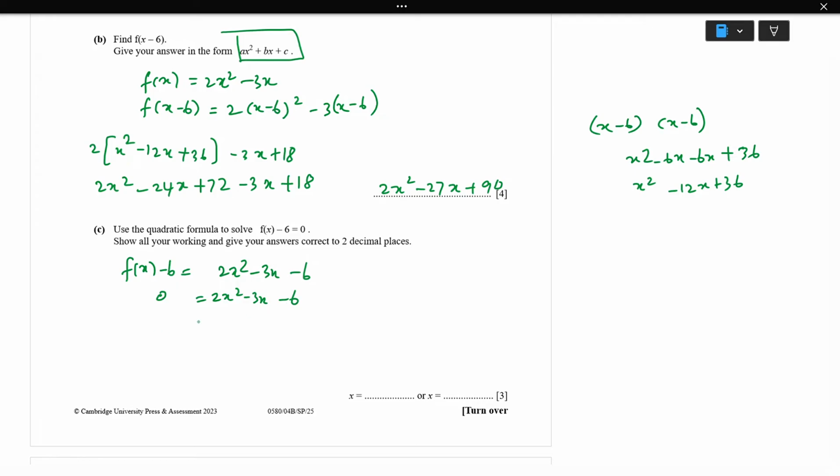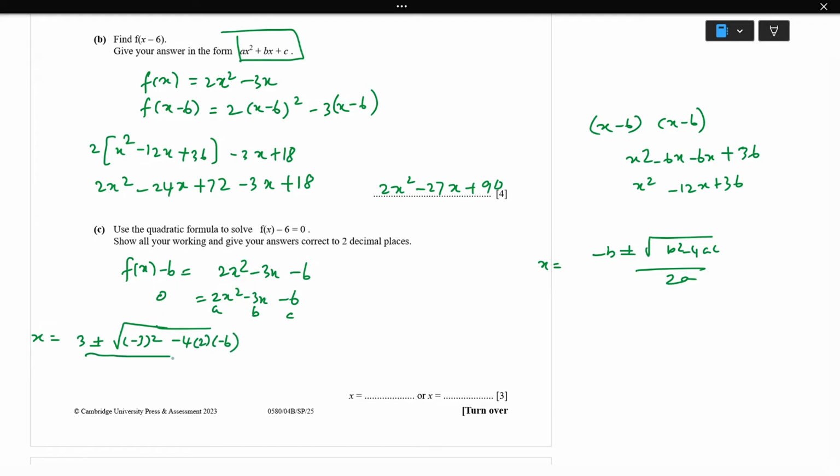Now we need to use the quadratic formula, which is x equals minus b plus or minus square root of b square minus 4ac over 2a. Here this is a, this is b, this is c. So minus of minus 3 is positive 3 plus or minus square root of minus 3 square, b square, minus 4 into a, which is 2, and c is minus 6, over 2 times 2.